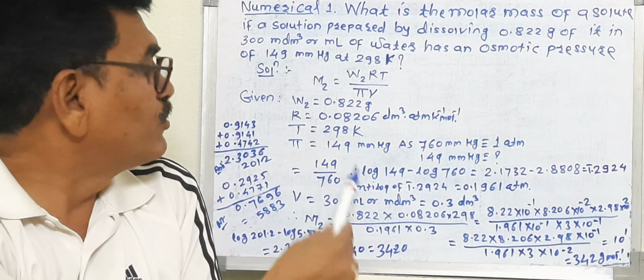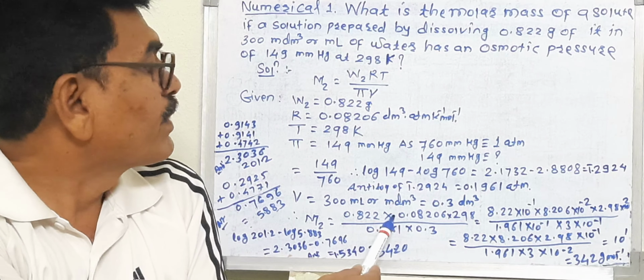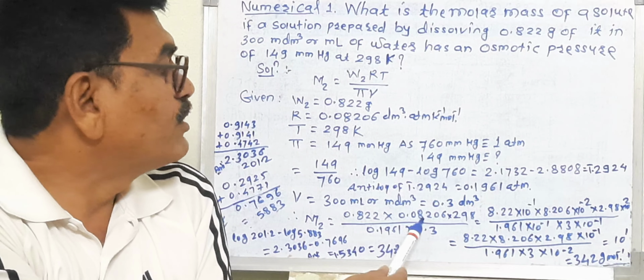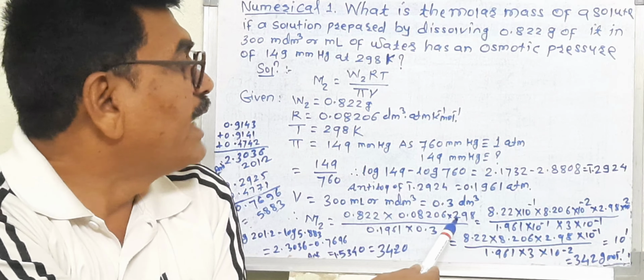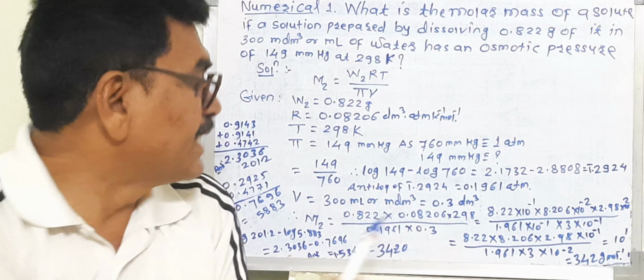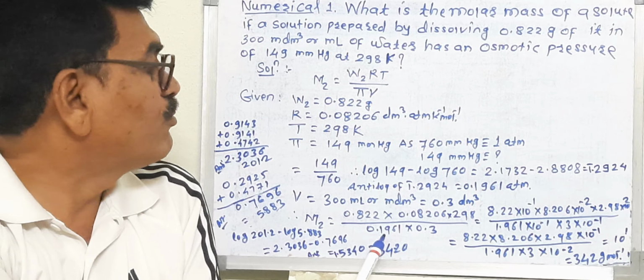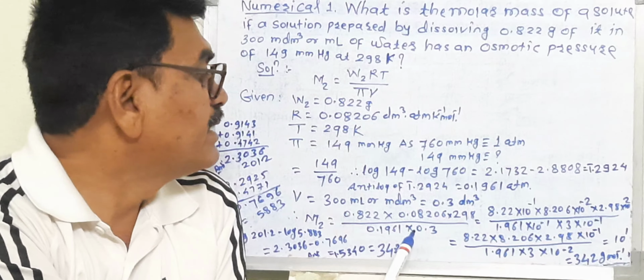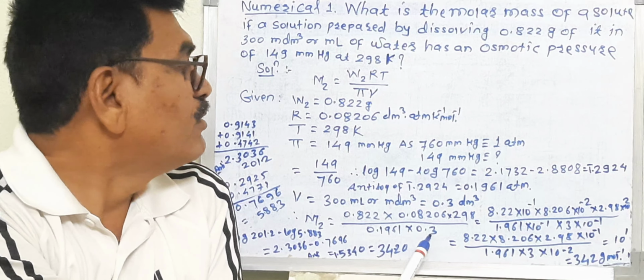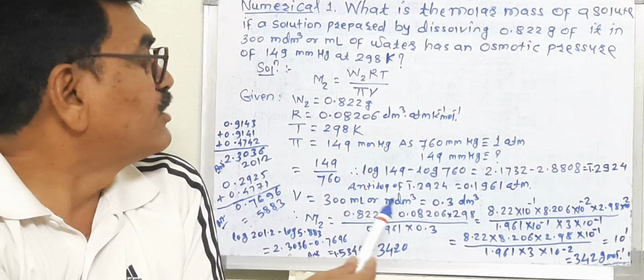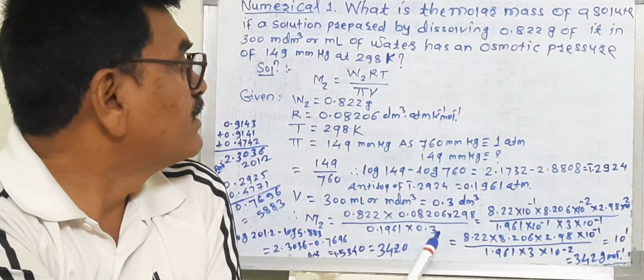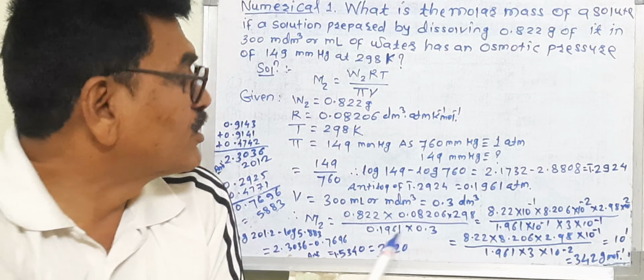So the value of W2, 0.822, into the value of R, 0.08206, and the Kelvin temperature 298, divided by the value of pi, 0.1961 atmosphere, into the volume, 0.3 decimeters cube.